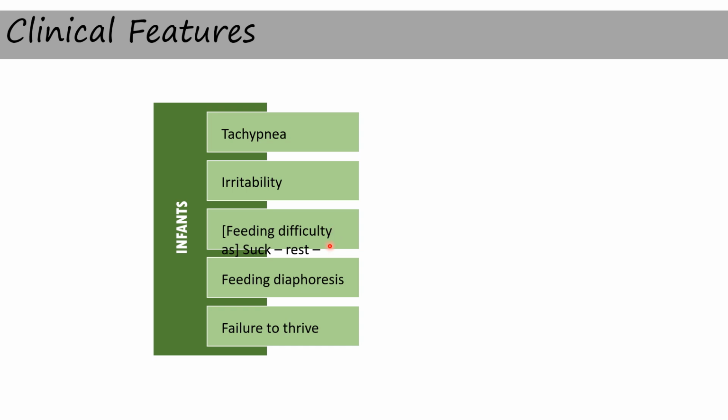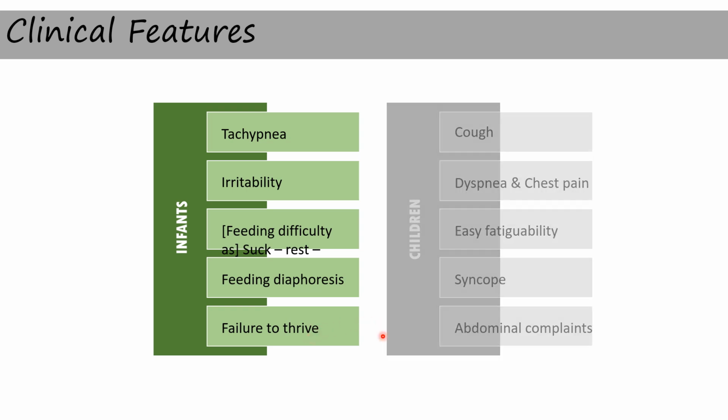The infant feeds on the mother's breast, tries to suck, but then wants to take a pause and rest for a while because he gets dyspneic, and then again tries to suck. Feeding diaphoresis, or sweating on the forehead while feeding, because the heart has to work during the feeding process. It has to increase the blood supply to the muscles of swallowing. And failure to thrive on a long-term basis.